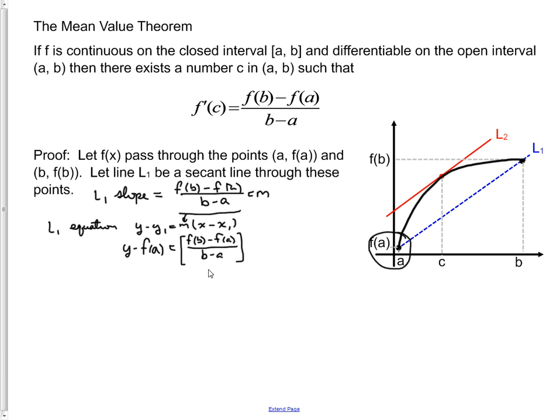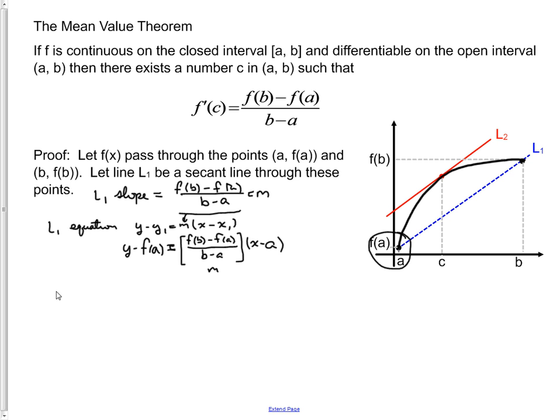That's my slope, that whole thing, times x minus the value of x at that point. Well, that's x minus a. That seems like a lot of work, but that's all right. Bear with me for a minute. You understand that we are still talking about this form of the equation of a line.